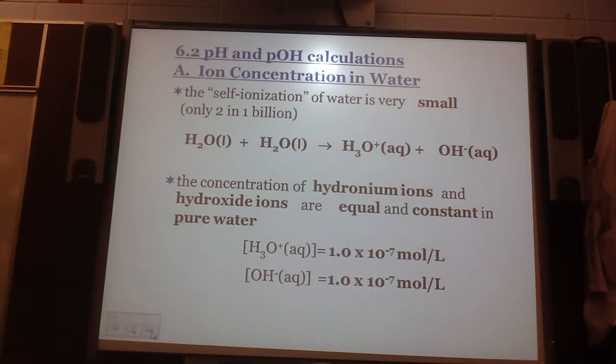And then OH, if it's equal to it, it's also 1.0 times 10 to the -7 moles per liter. Now, do you see a number that is familiar from properties of water? What's the pH of water? 7. Curious. There's 7s there. It's not a coincidence. I'll show you why.